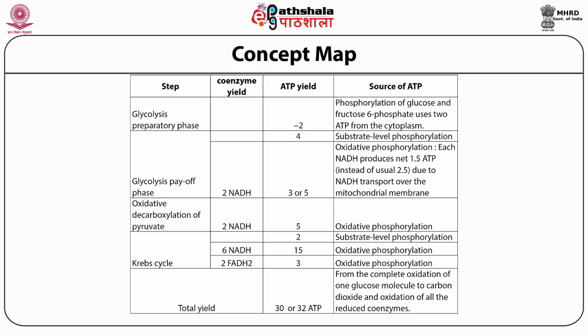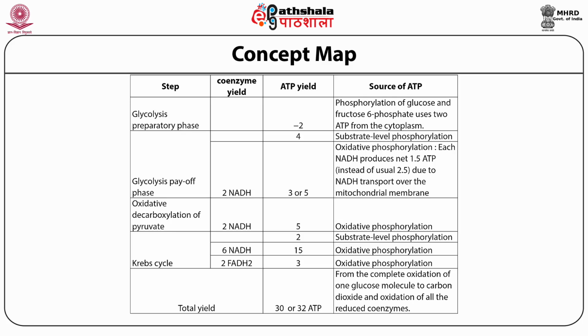So over here we need to concentrate on the preparatory phase of glycolysis, where 2 ATP are consumed. Another phase of glycolysis is the payoff phase. Over here we get 2 NADH, and ultimately 4 ATP are formed by substrate level phosphorylation. So we need to take account of this.